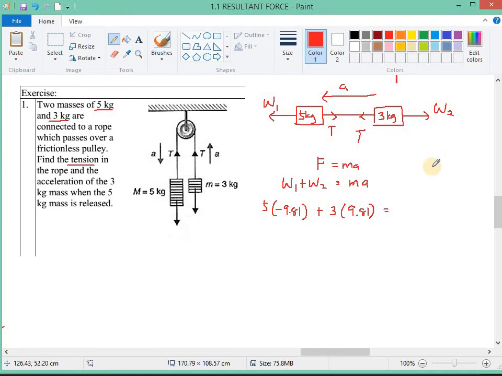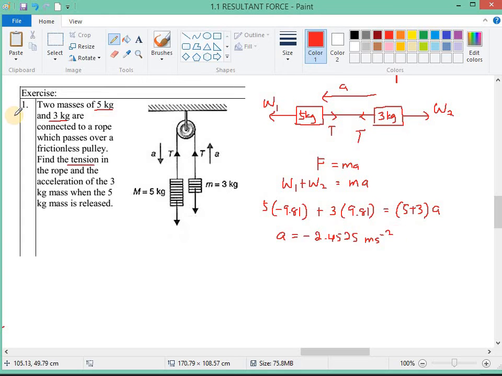The mass is 5 kilogram plus 3 kilogram. Acceleration is the one that we are looking for. With this we can find the acceleration. We will be able to get negative 2.4525 meter per second squared.